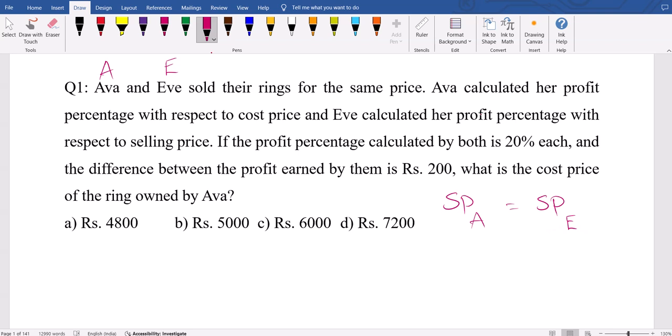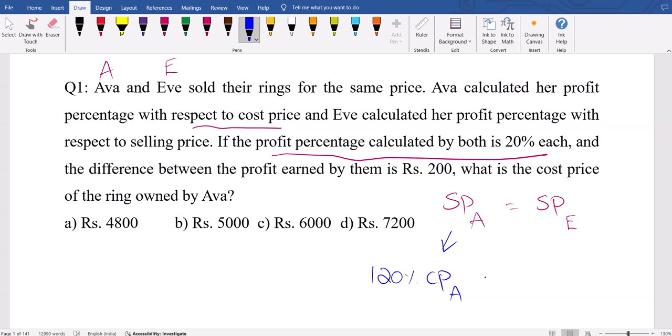A calculated with respect to cost price and the profit is 20%, so I can write the selling price as 120% of cost price.